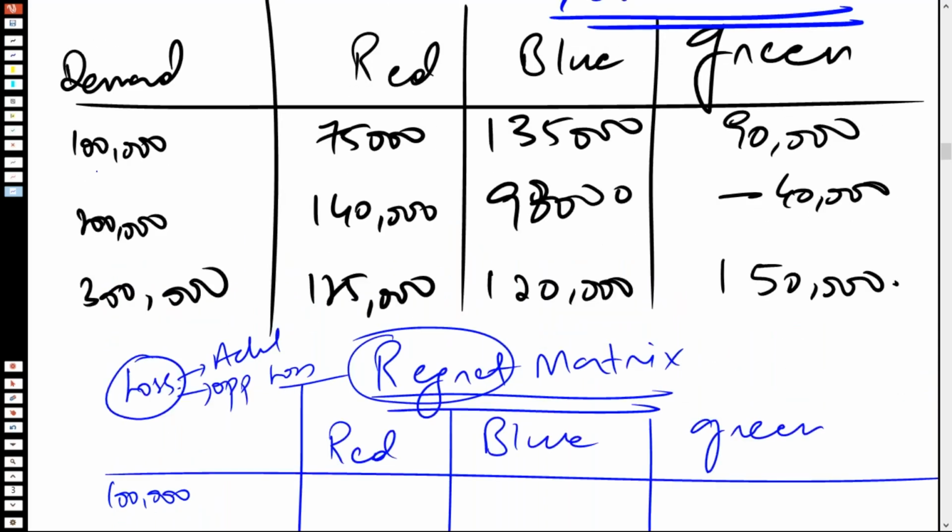Now what you got to do is look horizontally. In case the demand is 100,000 units, what is the maximum that you could have earned? You would identify 135,000 as the maximum that we could have earned.